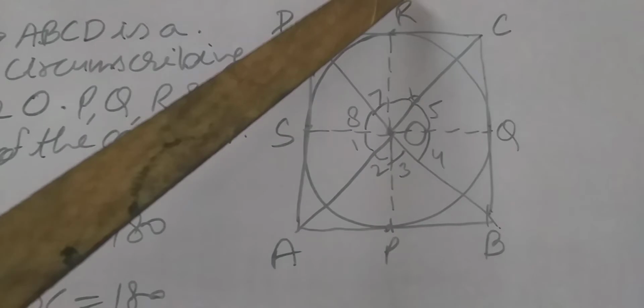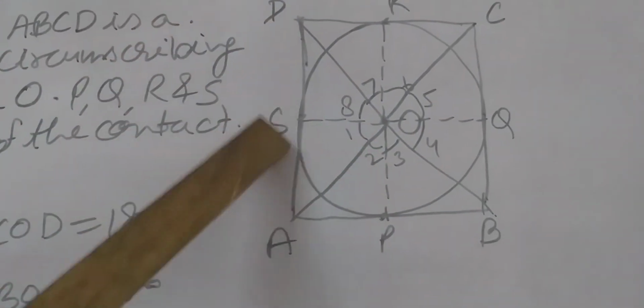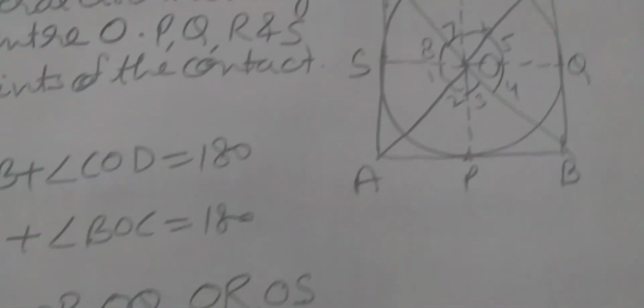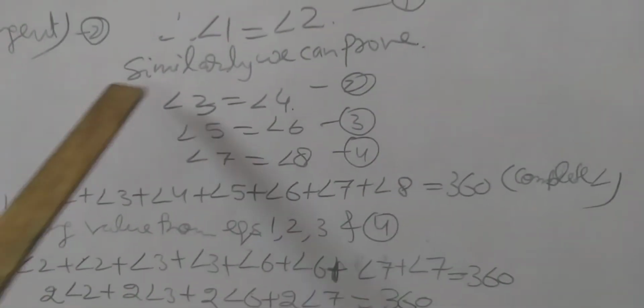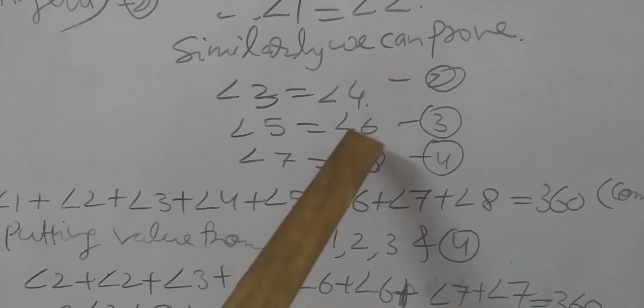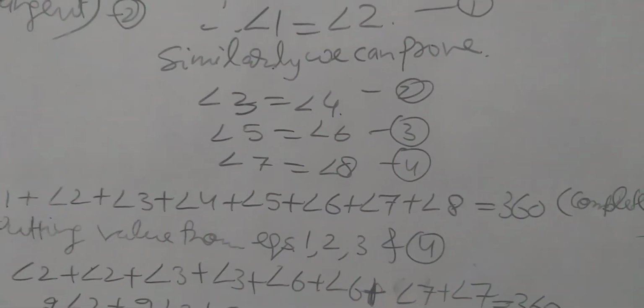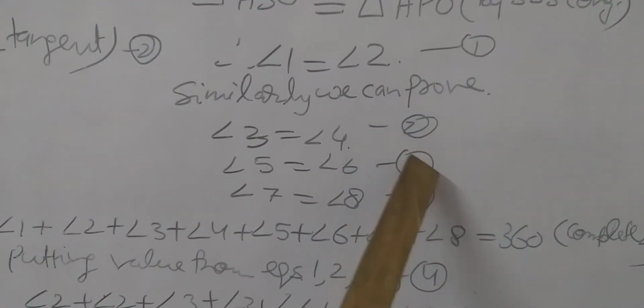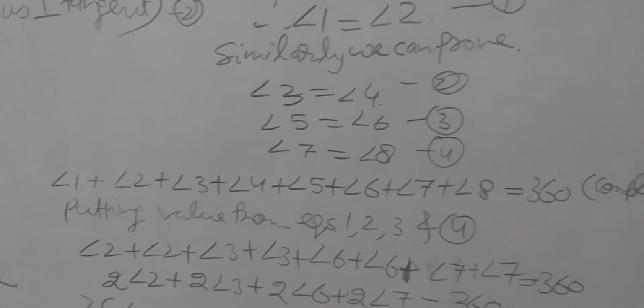Similarly, DRO and DSO are also congruent, so angle 7 equals angle 8. Let us call these equations 1, 2, 3 and 4.